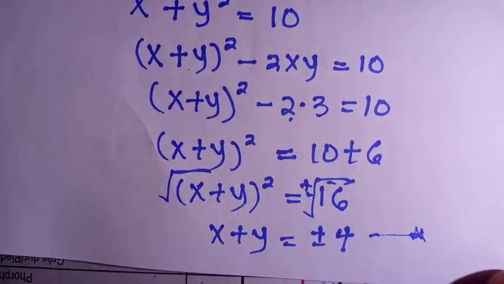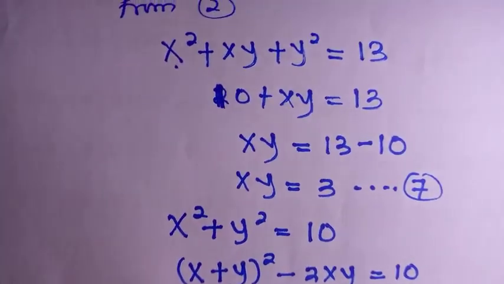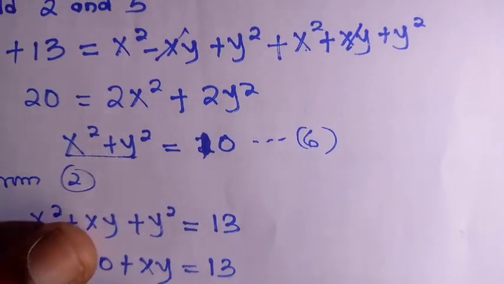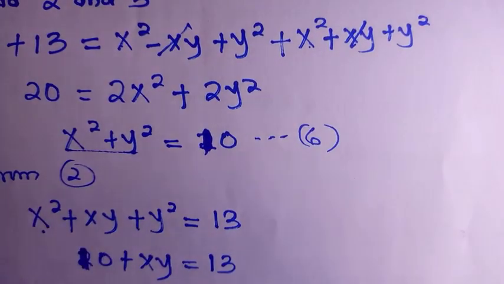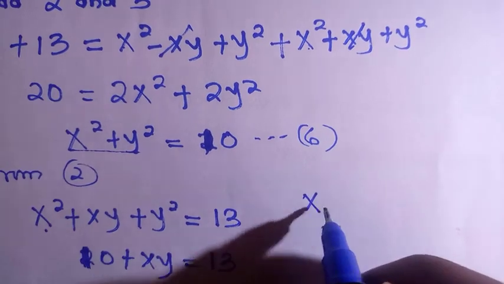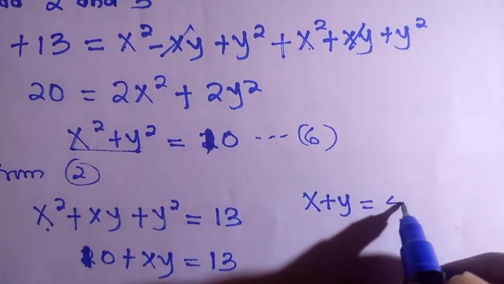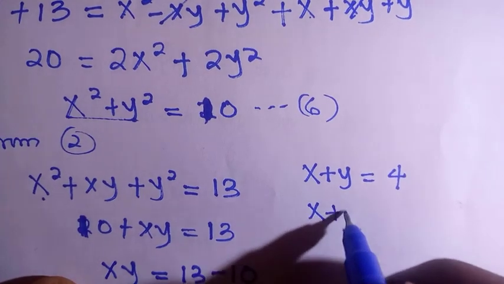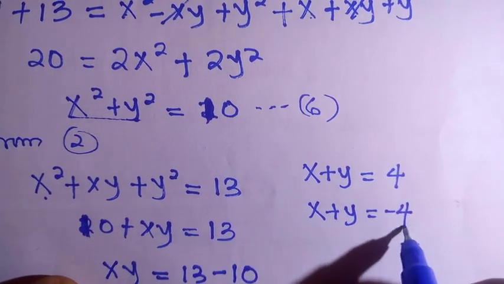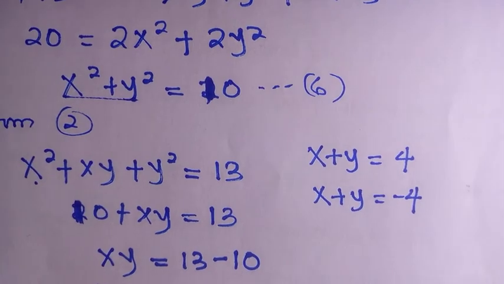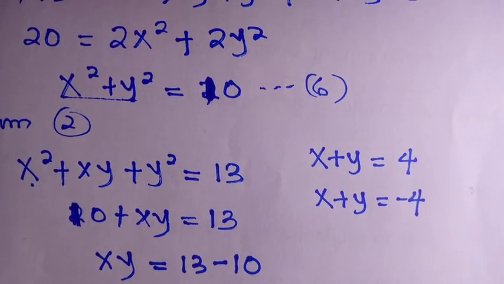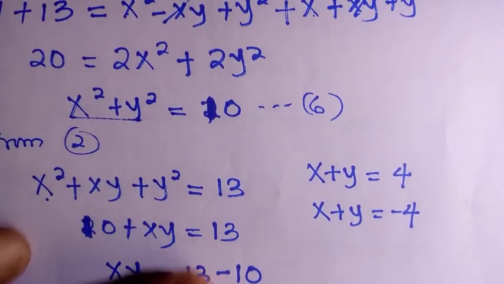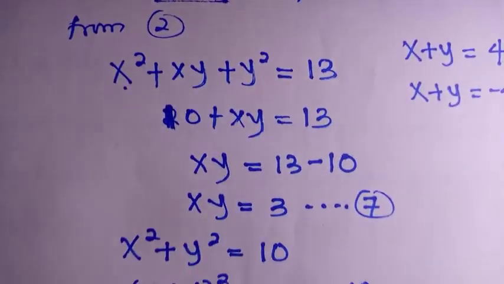I will call this equation star, and it is going to take both the positive and the negative. It's going to be x plus y equals 4, or x plus y equals minus 4. So we have not gotten any answer for this yet, and from here we can guess, but let's see how to do this.